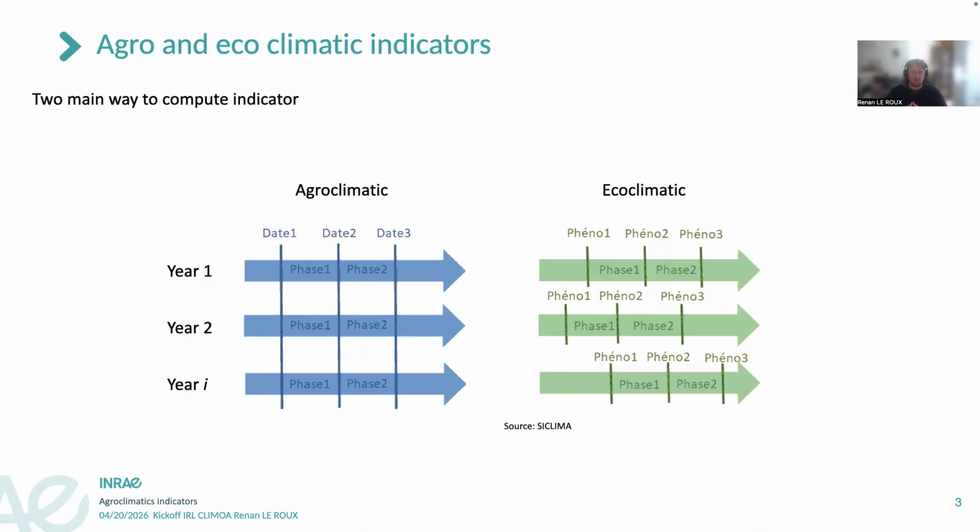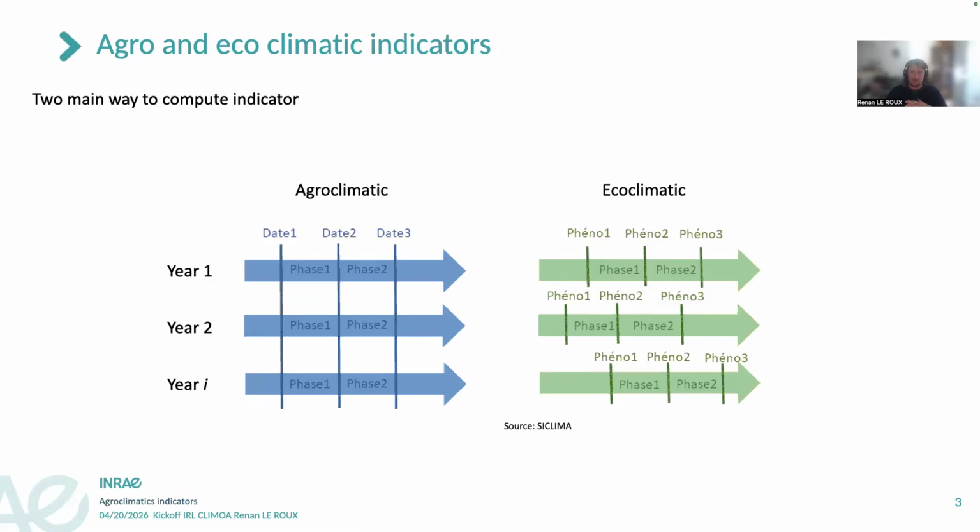Every year you compute the number of days of frost between the 1st of April and the 30th of April, and you can look at how this frost event may evolve in the future or in different regions. It's quite useful to compare different geographical areas and to estimate, for example, the suitability of a crop inside an area and compare how both areas can be suitable or not for a crop.